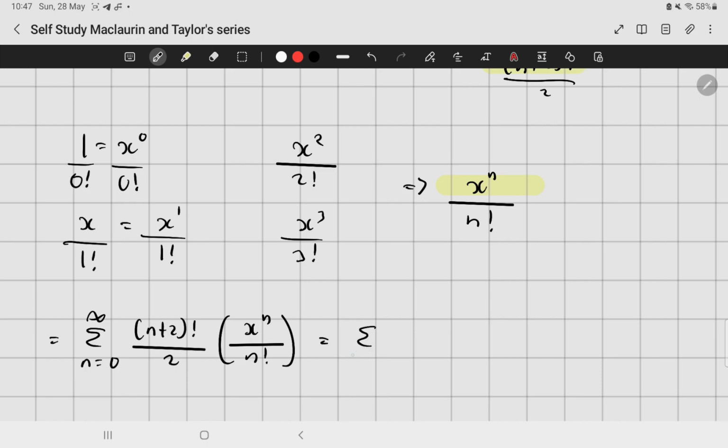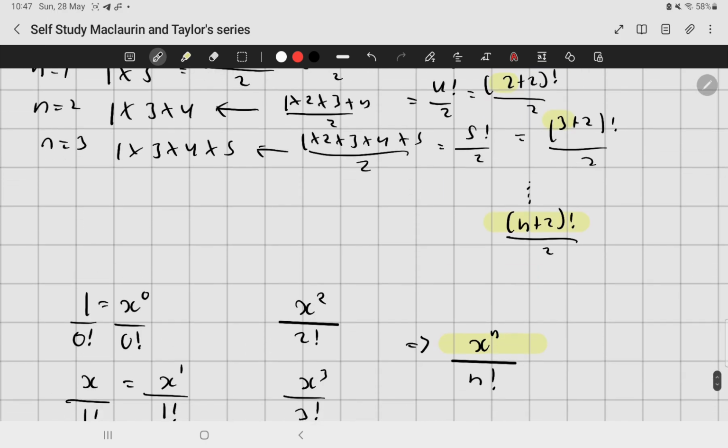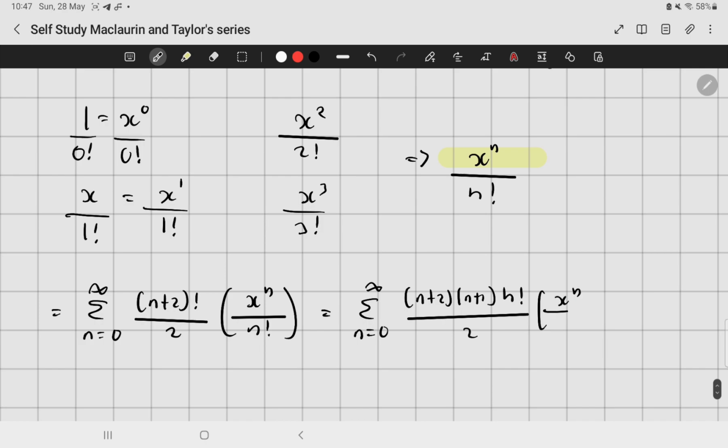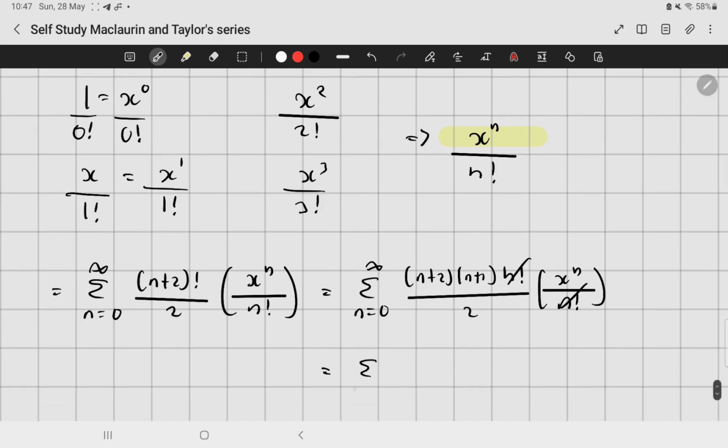Well, that's very nice. And now we could simplify further, because n plus 2 factorial is equivalent to n plus 2, n plus 1, n factorial, divided by 2, times x to the power of n over n factorial. Okay, and we can simplify from here, and we are left with n plus 2, n plus 1, divided by 2, x to the power of n.